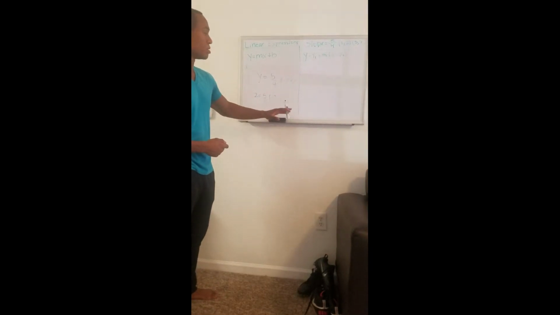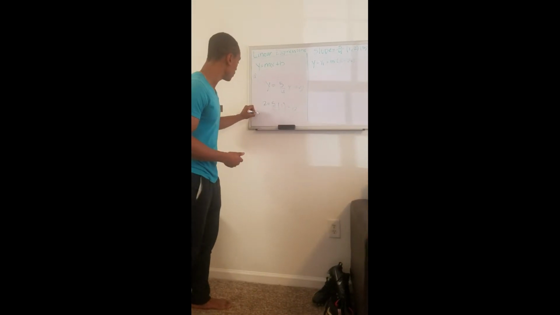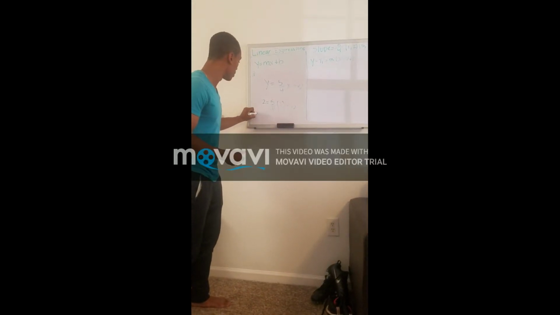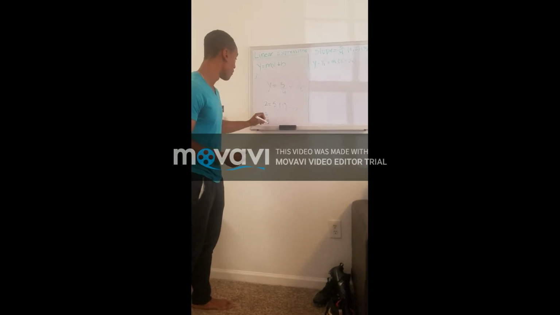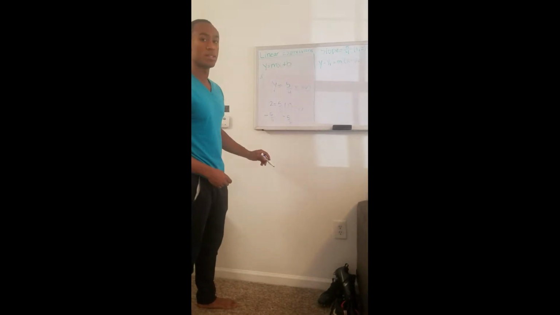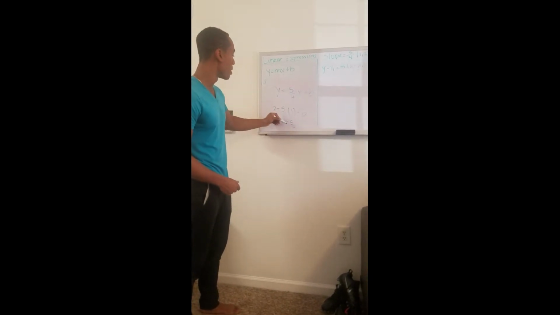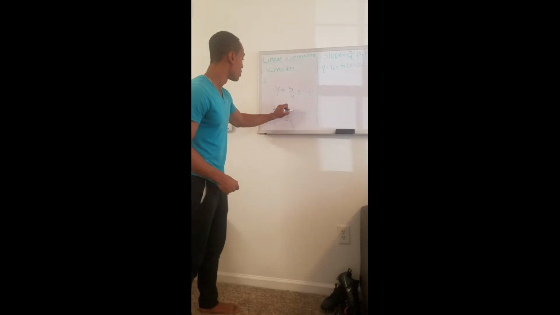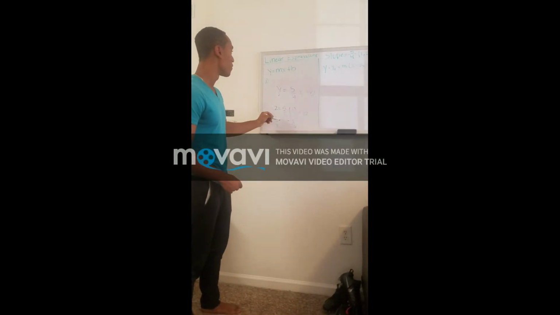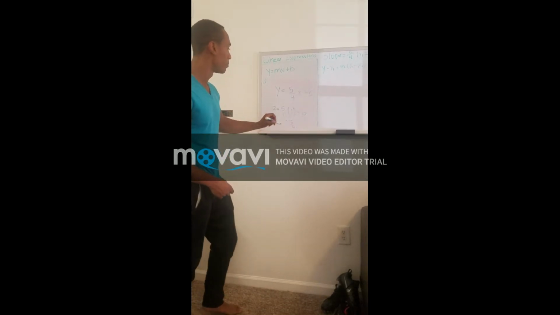So what we're going to do is subtract 5 over 4 on both sides. We got 5 over 4 minus 5 over 4 on this side. And what that does is cancels it off of the right side. So we have 5 over 4 minus 5 over 4. It's gone. Now to solve for b, we're going to do 2 minus 5 over 4.